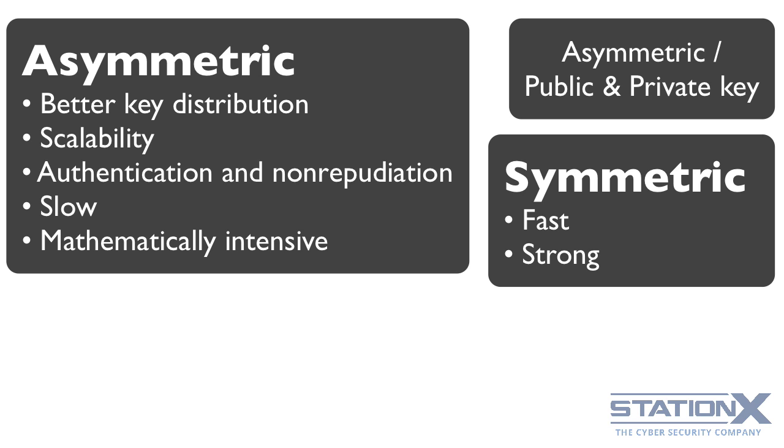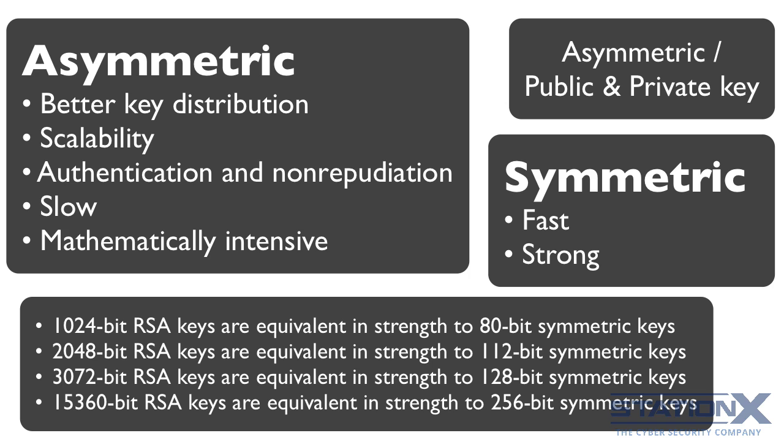Public and private key also provide authentication and non-repudiation, but the weaknesses are that, unfortunately, these encryption algorithms are actually very, very slow compared to symmetric systems. If you look at the bit length of asymmetric algorithms, you'll notice that they're a lot higher than they are for symmetric key encryption algorithms.